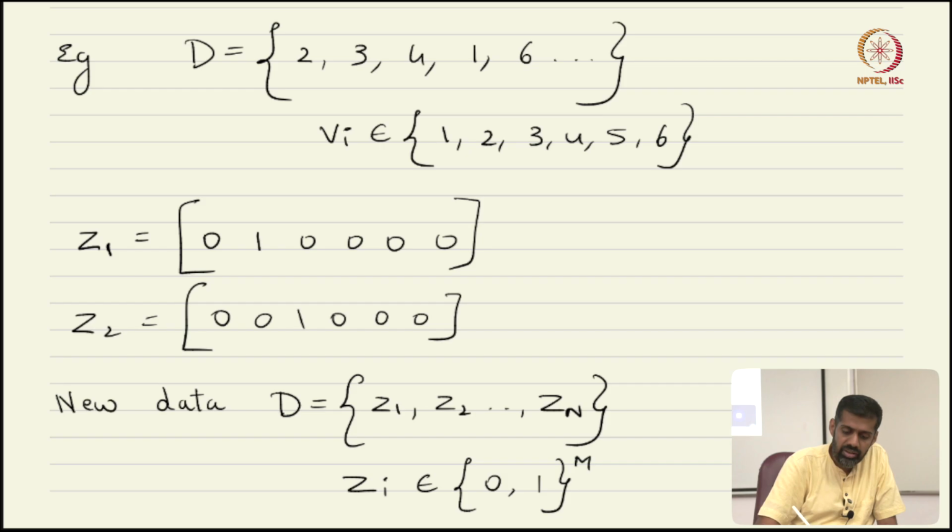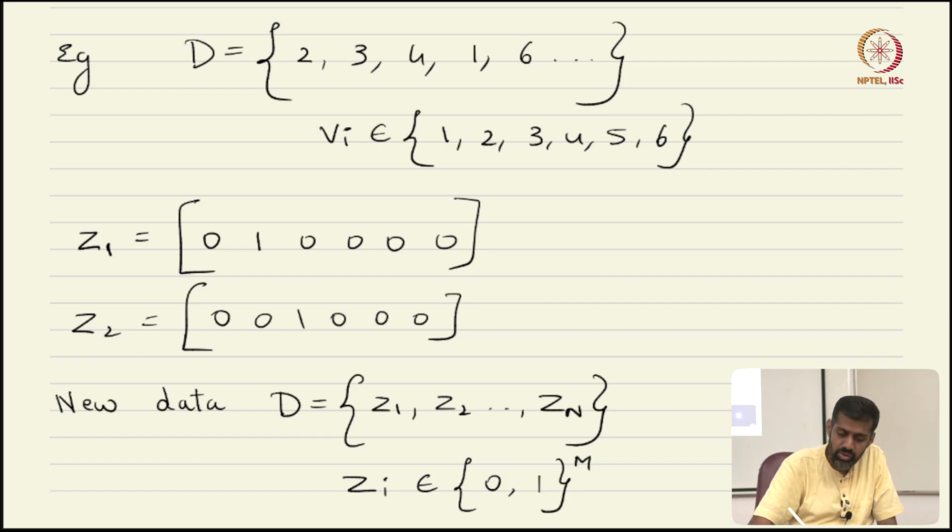Suppose D was like this, where we are looking at a roll of a die: 2, 3, 4, 1, 6 and so on. And here my Vi can take values 1, 2, 3, 4, 5 and 6. This is how the data would look, correct. Now for every Vi I have a Zi.